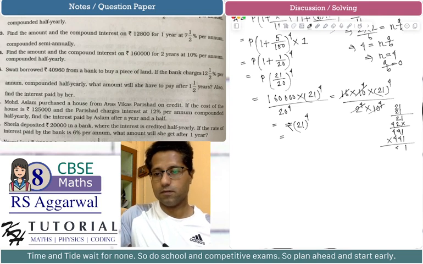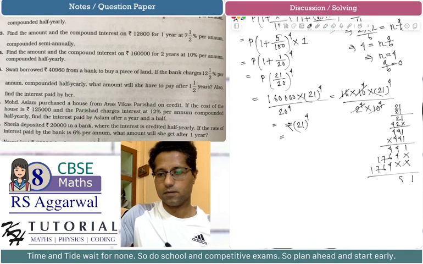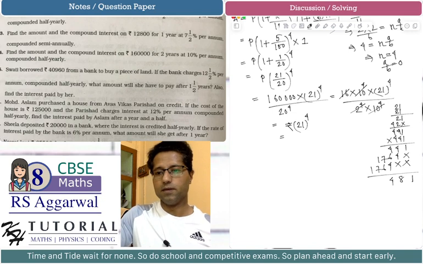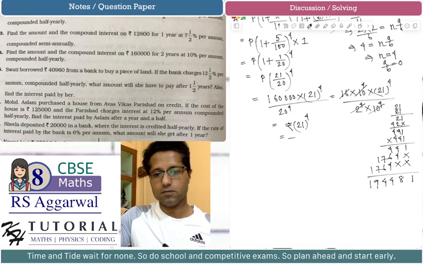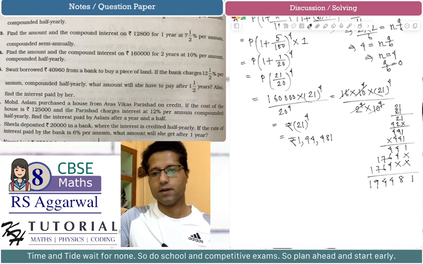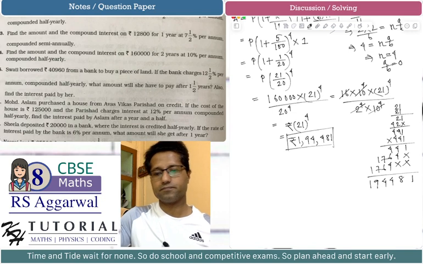So 1, 4, 4, 4, 16, 17, and then again 4, 6, 7, 1. So this is 1, 8, 10, 14, 14, 9, 1. Okay, so this is equal to rupees 1,94,481. This is the amount.